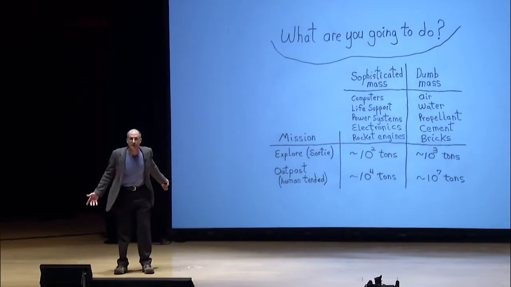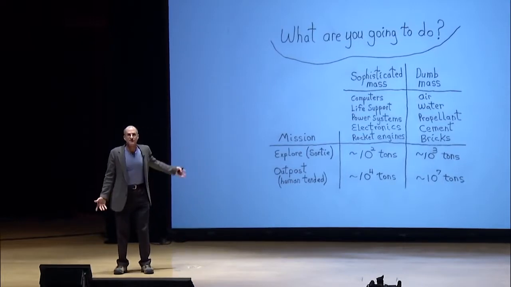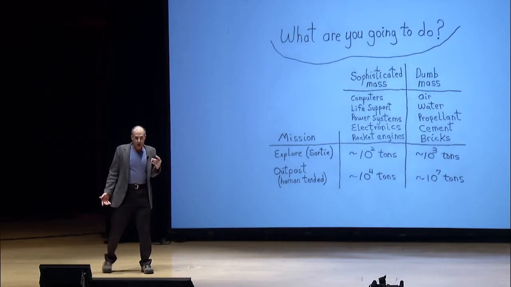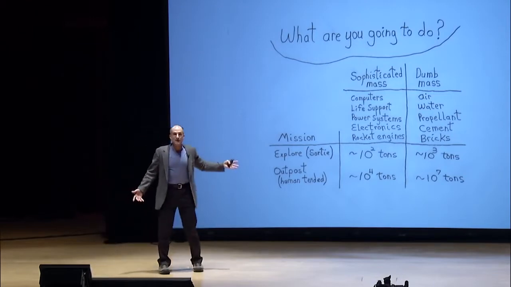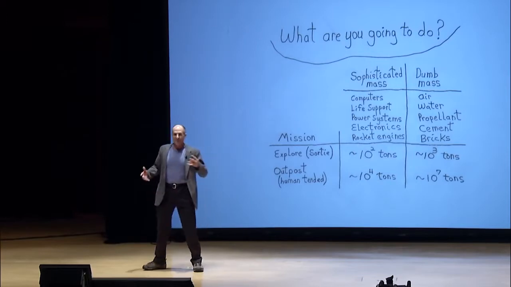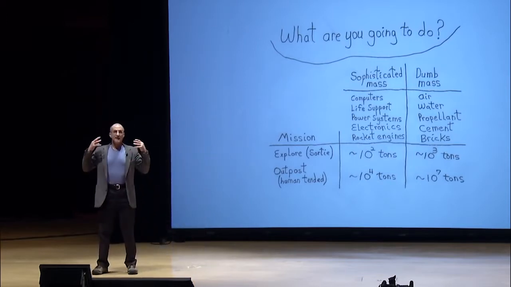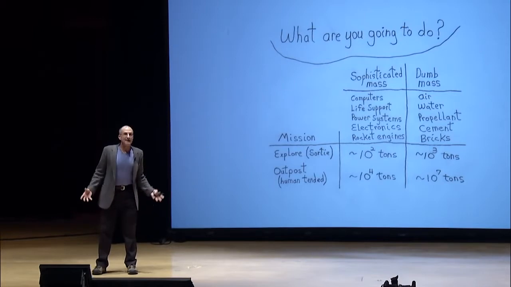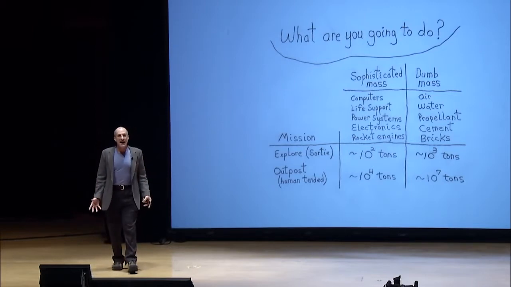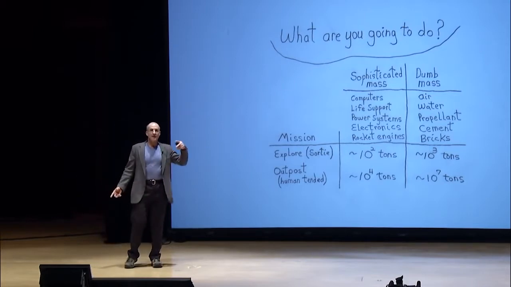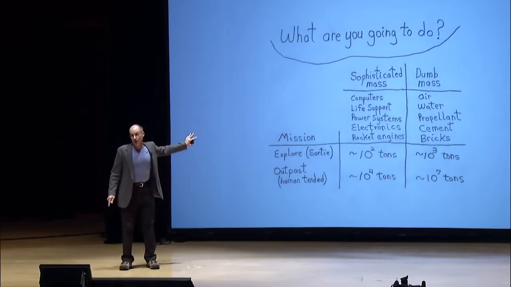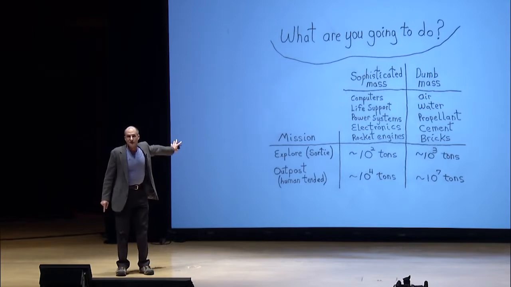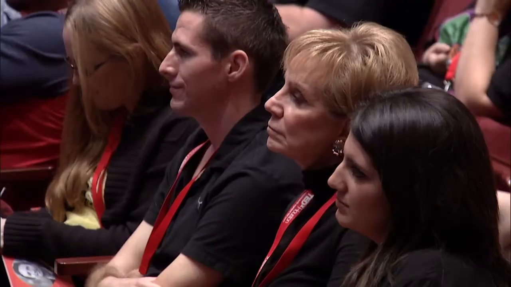You could look at exploration missions, sorties where you go someplace, come back. Or you could look at building an outpost where you cumulatively build new capability with time. And what you'll find is that it requires orders of magnitude, factors of 10 more dumb mass than sophisticated mass. So this might have some implications with the rocket equation. Now, when I was thinking about where to put the crew in this category, I wasn't quite sure which category the crew might go in.